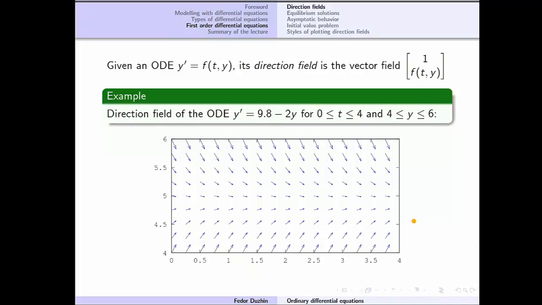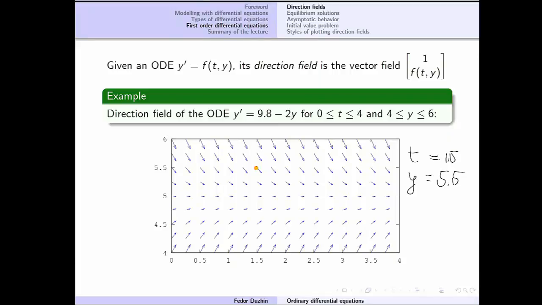So let me give you an example, right? Suppose that I want to look at a point, say, at this point. Suppose that t equals 1.5, and then y here equals 5.5.